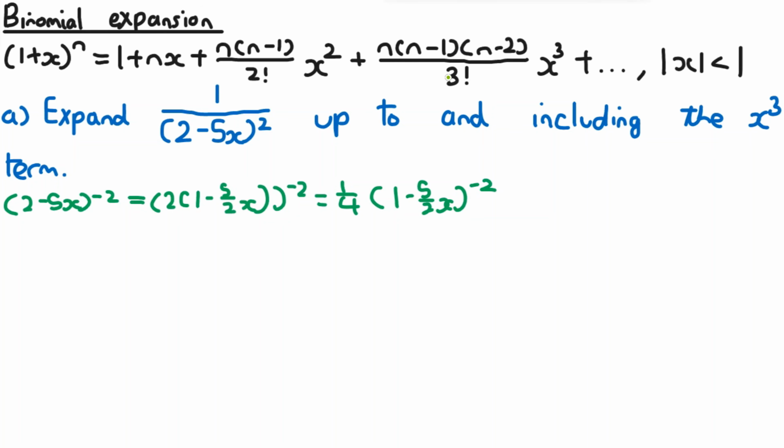And then what we do is we do the binomial expansion on this here, 1 minus 5 over 2x.